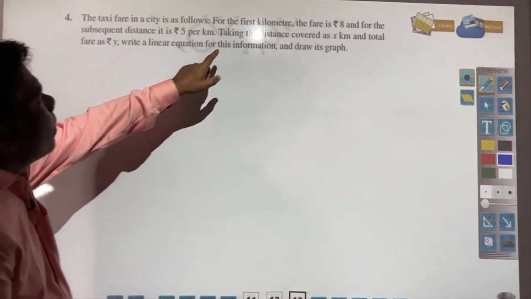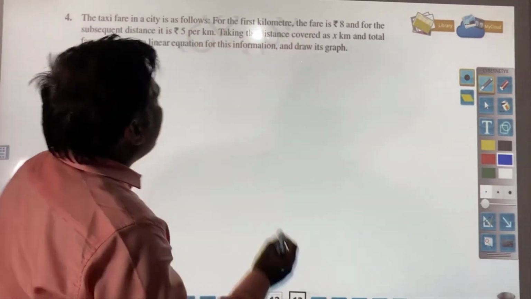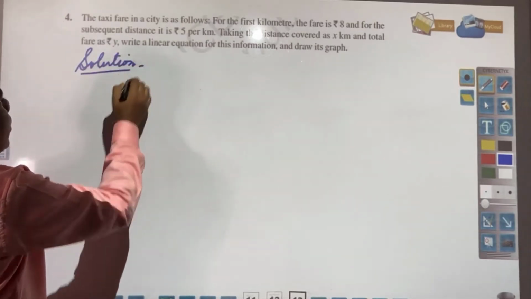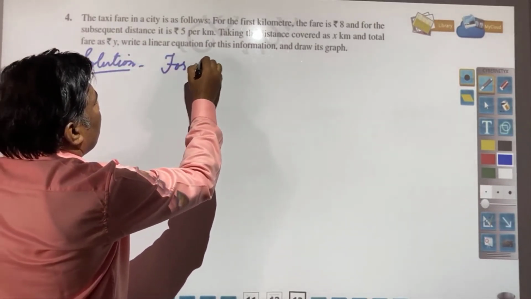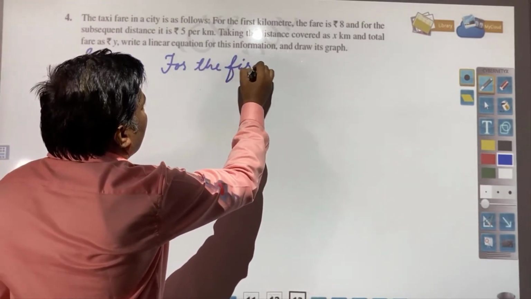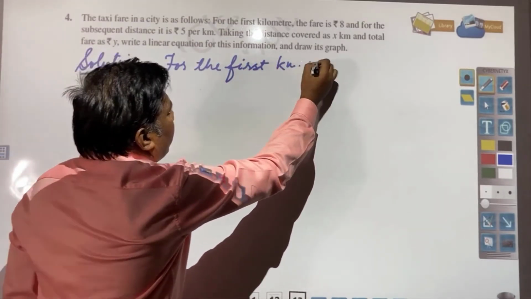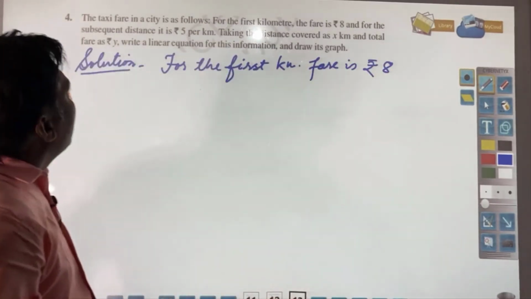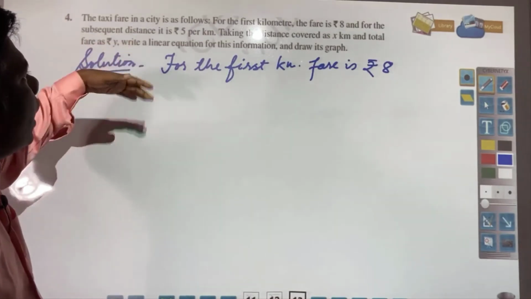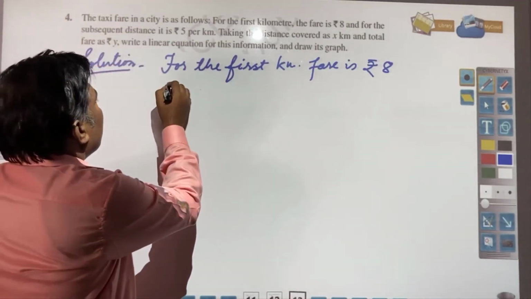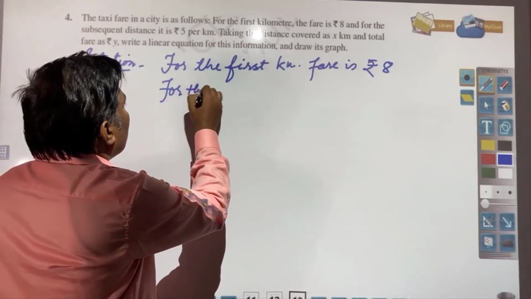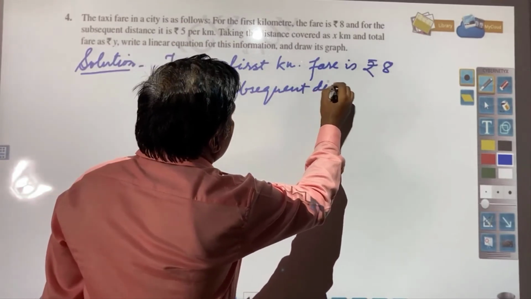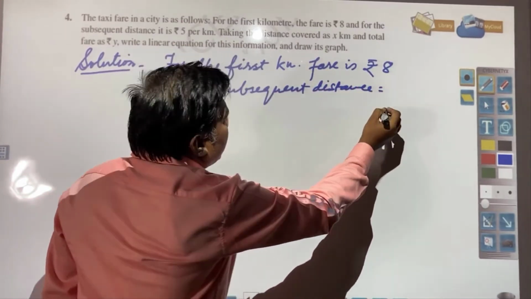So here you see, for the first kilometer the fare is 8 rupees, and for the subsequent distance, how much is that?